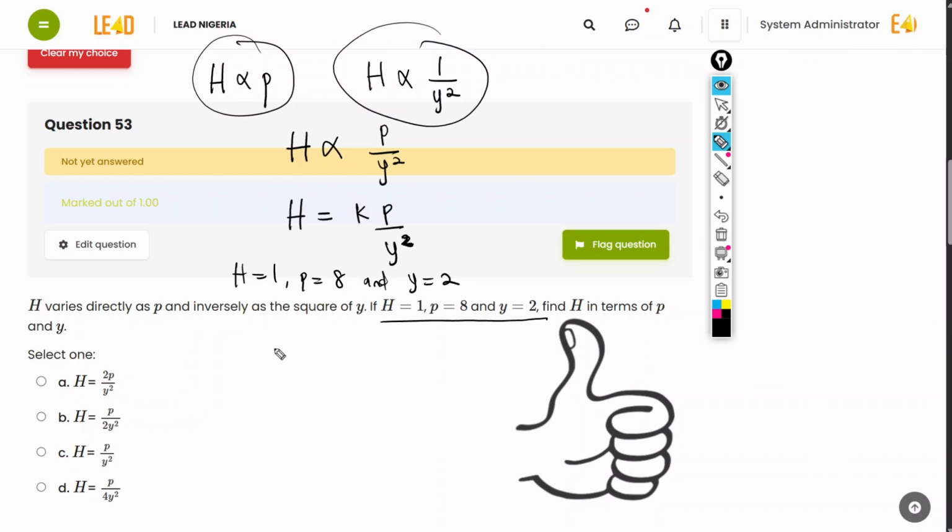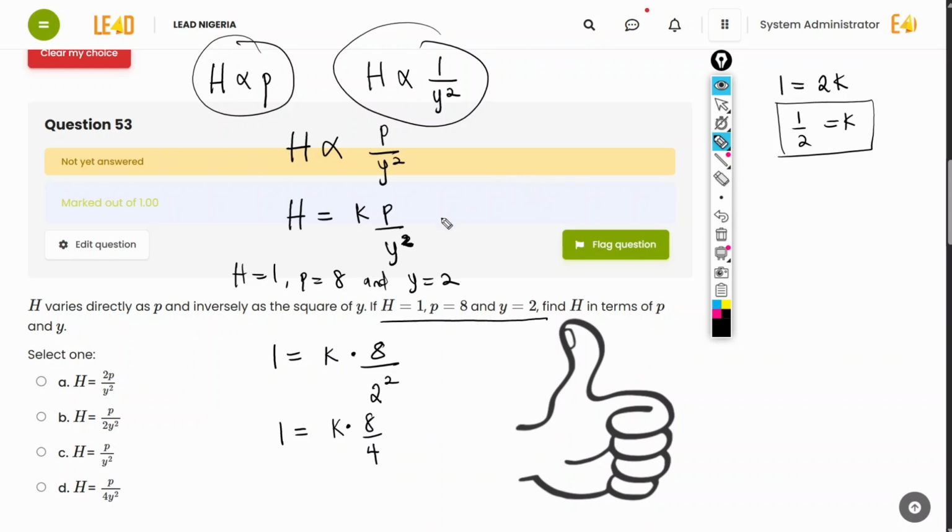I would have 1 is equal to K times 8 over 2 squared. So 1 is equal to K times 8 over 4, and that's 2. I can say that 1 is equal to 2K, or K is equal to half.